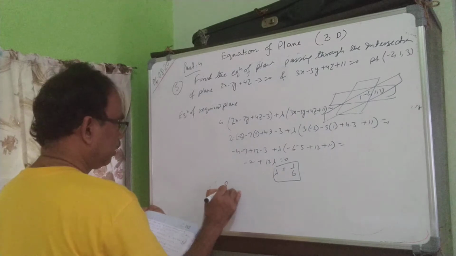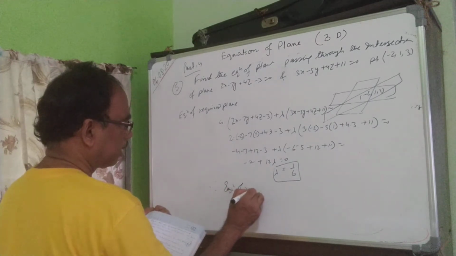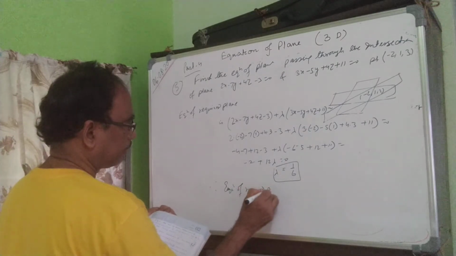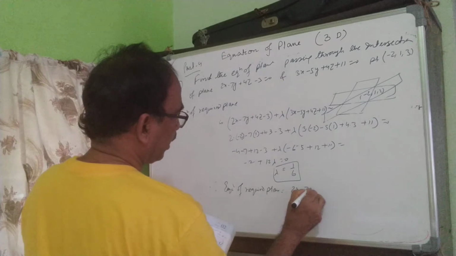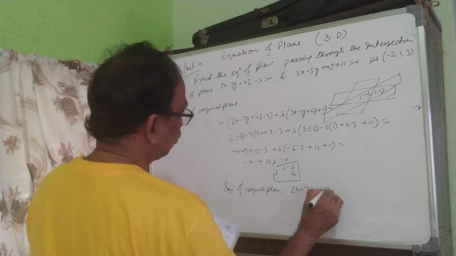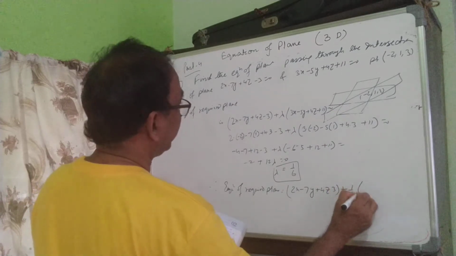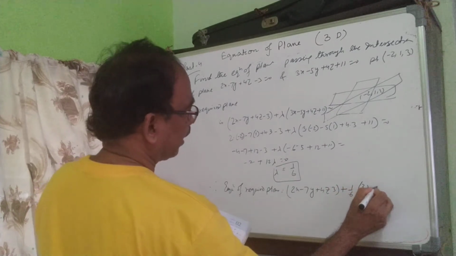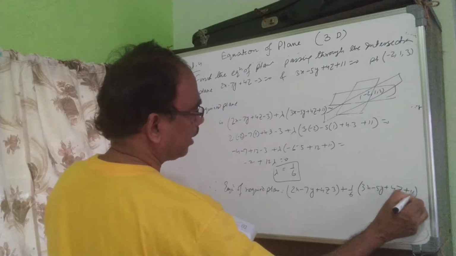Therefore, the equation of the required plane is 2x - 7y + 4z - 3 + (1/6)(3x - 5y + 4z + 11) = 0.